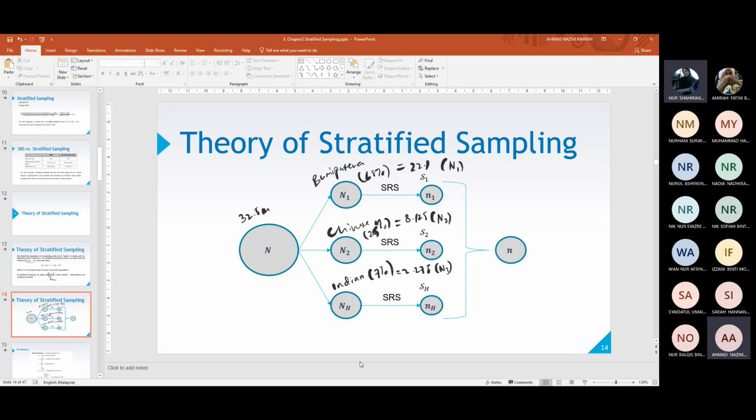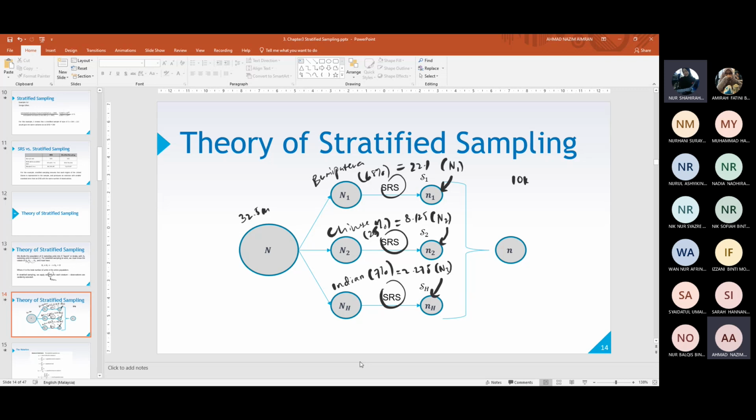Out of the population sizes N1, N2, and N3, we can randomly select the sample for each stratum. We can randomly select the sample from Bumiputra, Chinese, and Indian by using simple random sampling. So let's say you would like to collect 10,000 samples.